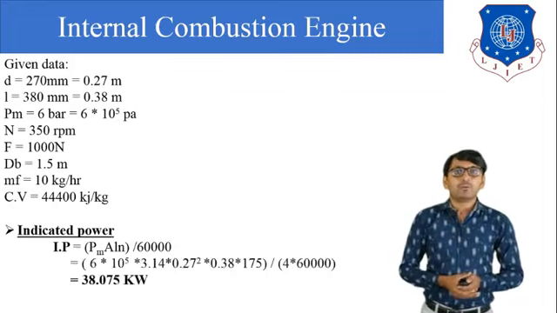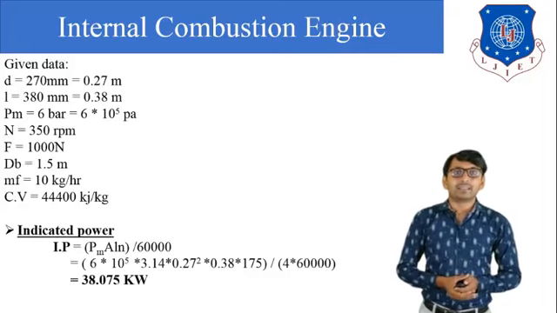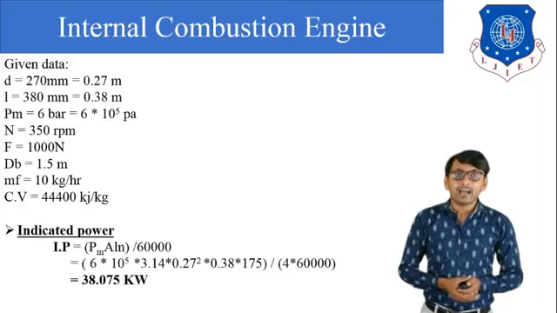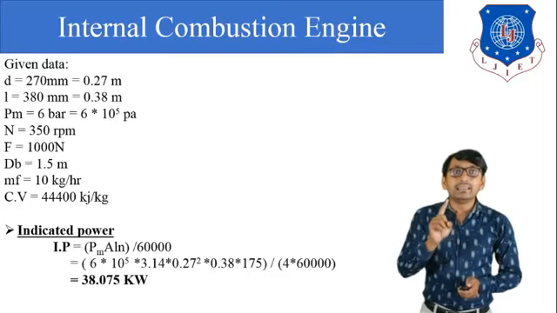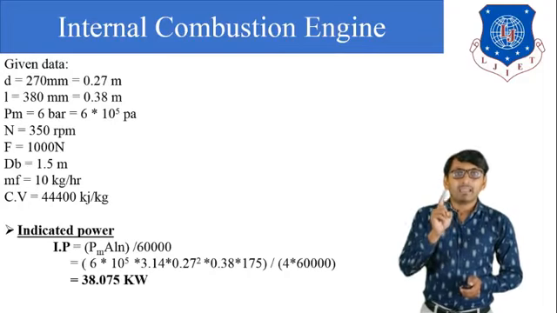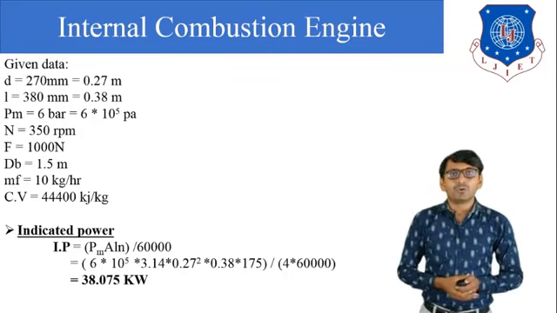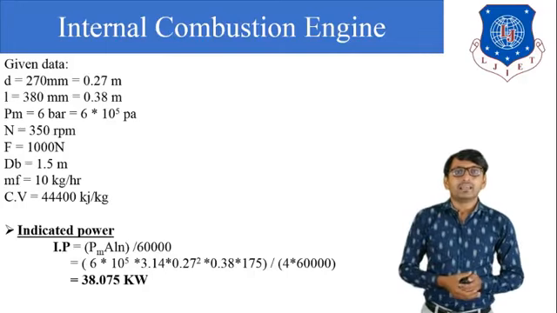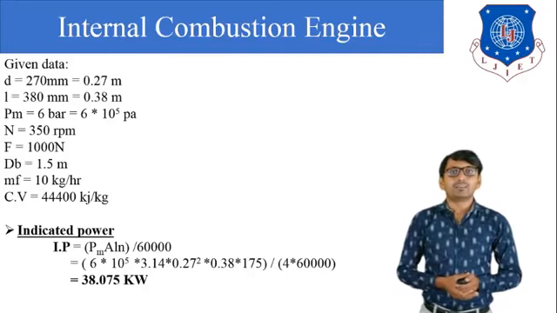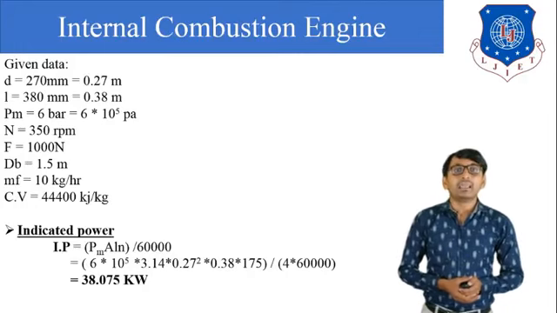Okay. Now put the value of PM, that is 6 into 10 raised to 5. Area of cylinder, that is pi by 4 d square. Pi, we have to put 3.14. Then d square 0.27 square into L 0.38 into small n, that is capital N by 2 for this example.